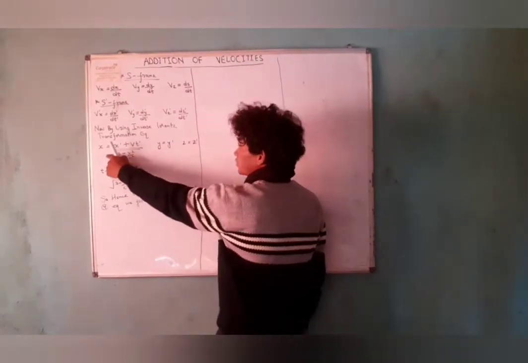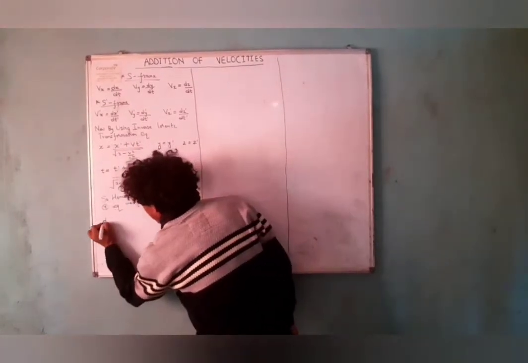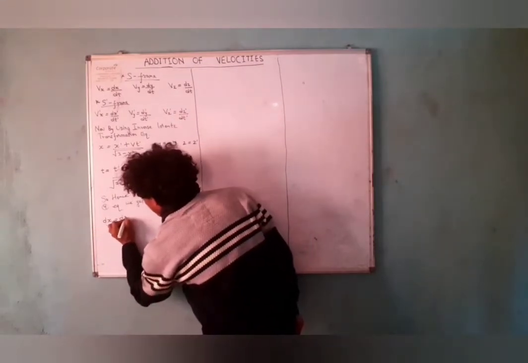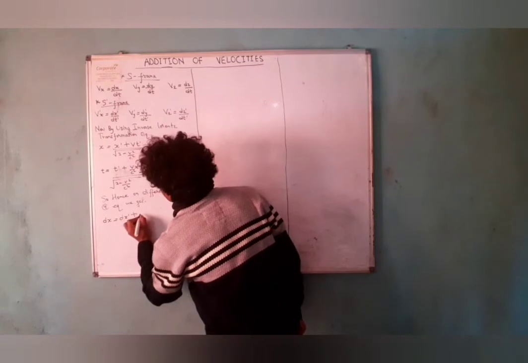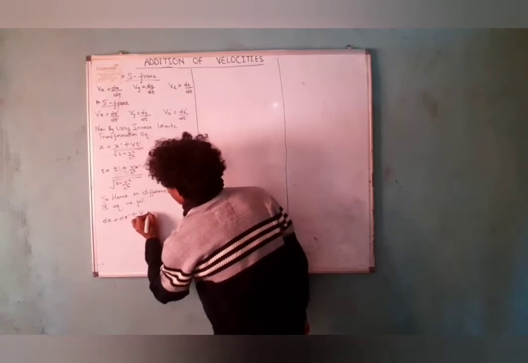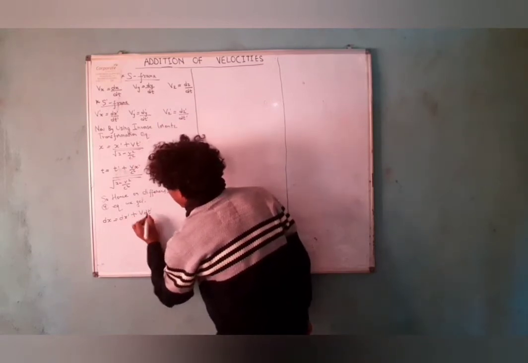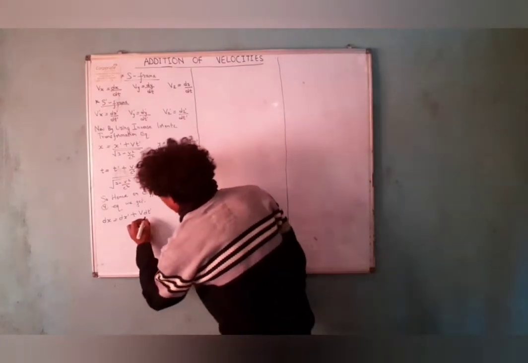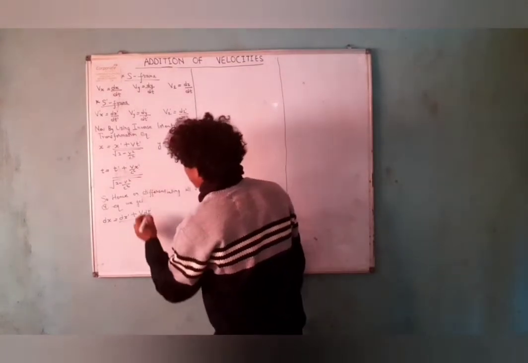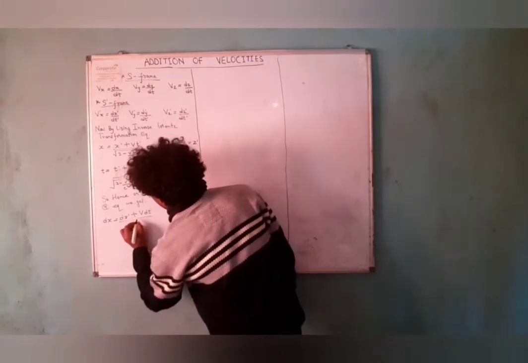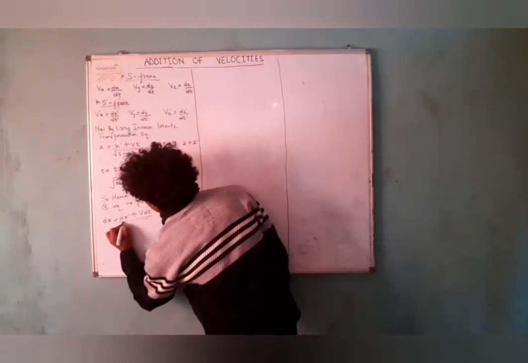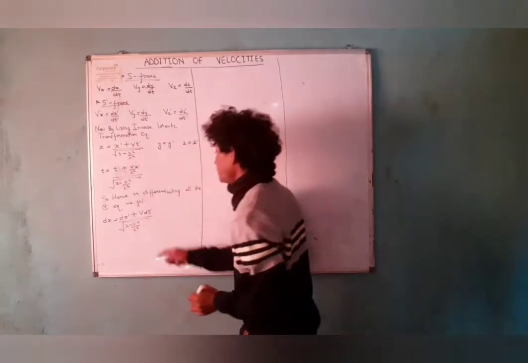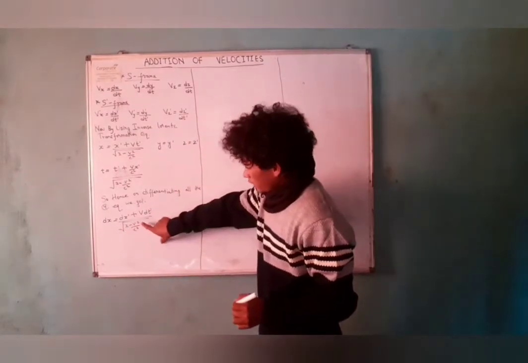On differentiating x, we get dx equals dx prime plus v dt prime, and here this v is constant, divided by root over 1 minus v square by c square, and everything under the root is constant.